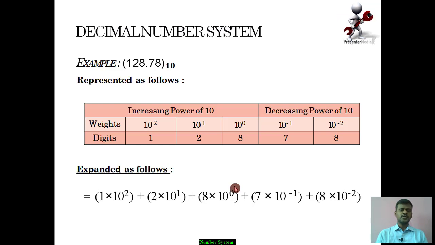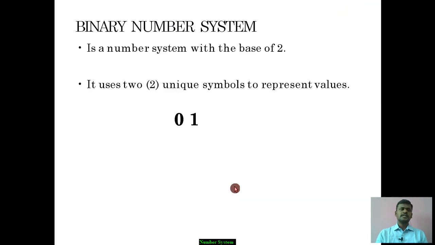Now we will move on to the next number system, that is binary number system. As we all know, binary number system has the base 2, meaning it has only two unique values, that is 0 and 1.